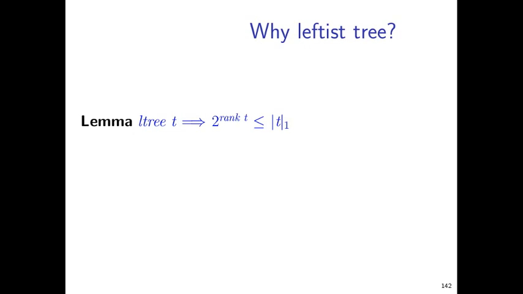In fact, this leftist tree may be very unbalanced. This estimate may be quite imprecise, because you may have only rank 1 or 2 on the left, and on the right there may be an almost complete tree of any depth.